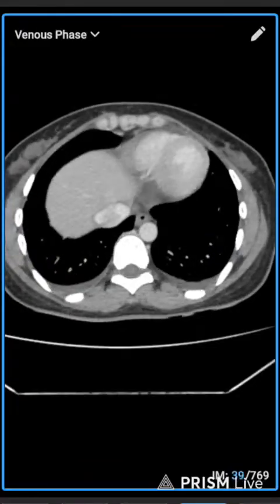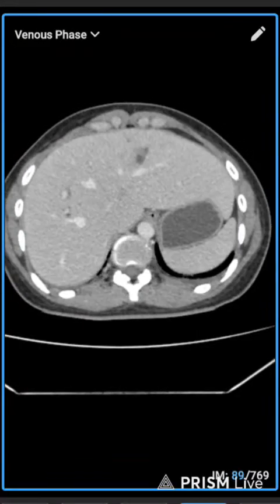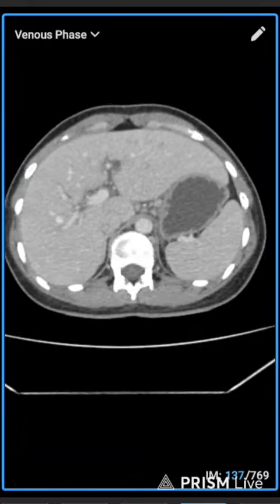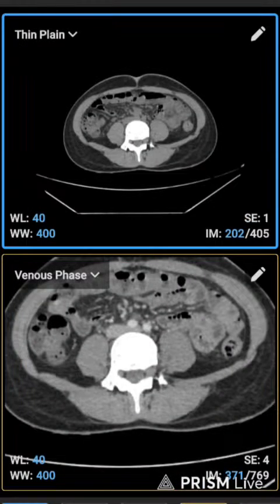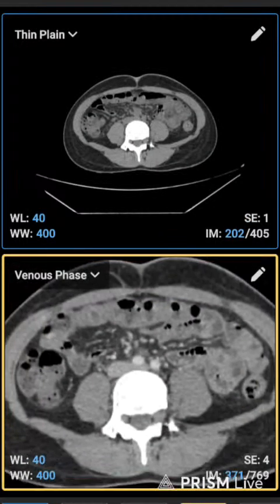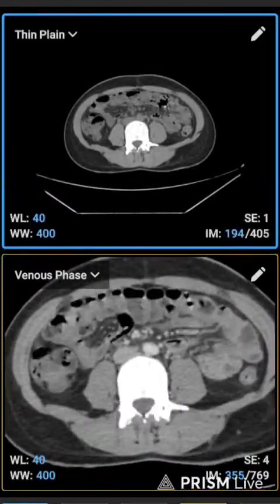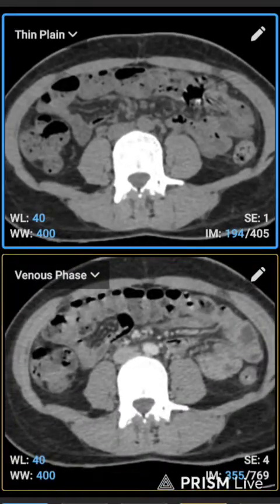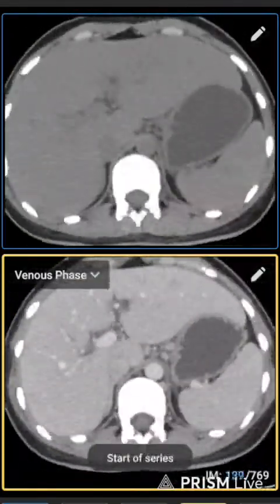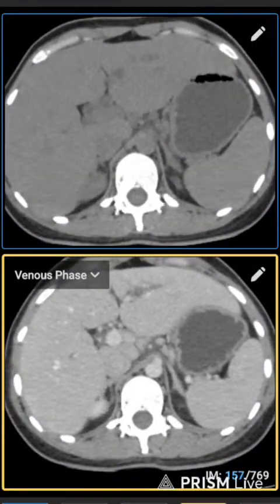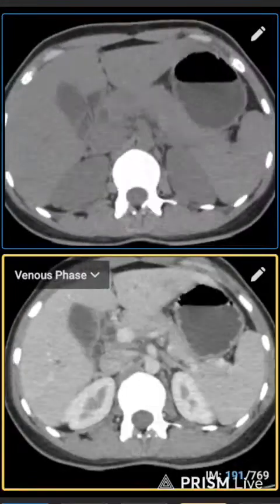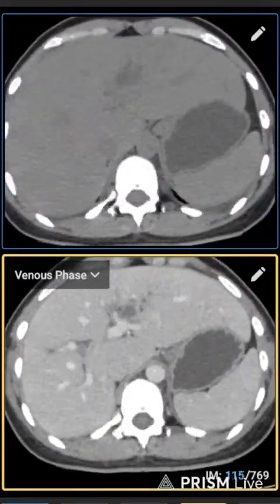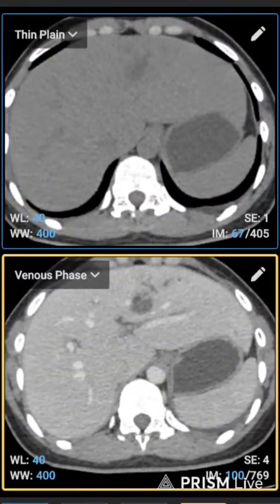If you look closely, there is nothing. I will show that. Oh, is this the venous phase or the plain phase? We see that the hypodense area was seen in the plain scan. It's more sharply visible in the venous phase.